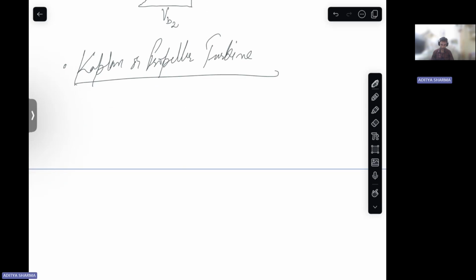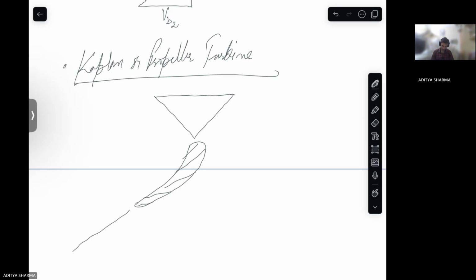So its velocity diagram is this way. The subscripts bear the same meaning.